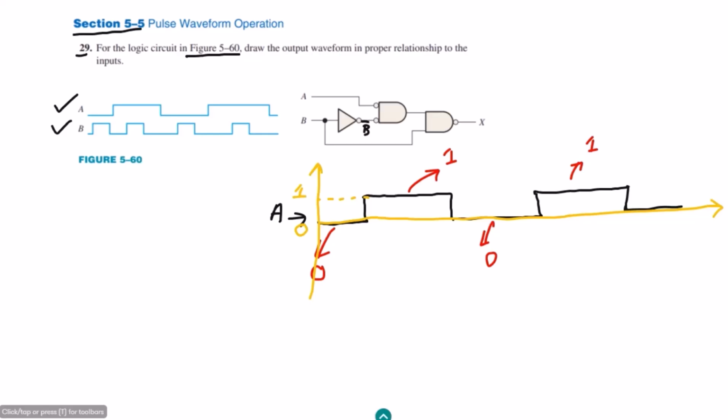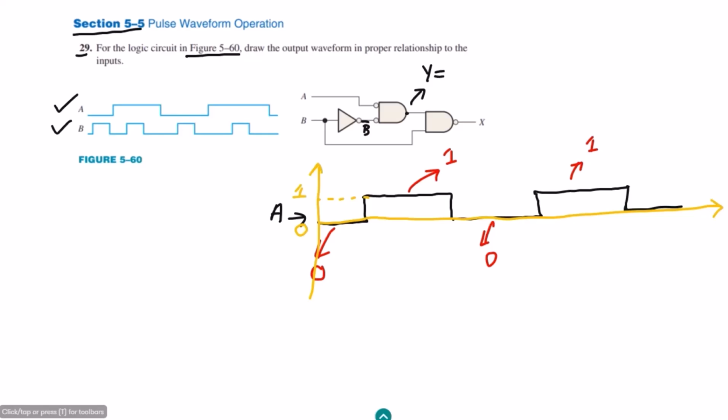This is the output of this circuit, and here A is applied, because of this bubble it will be A complement. And this B complement will be removed by this bubble as well, so it will be B.